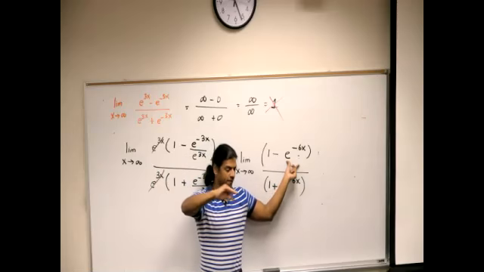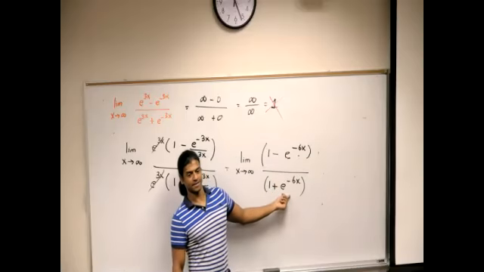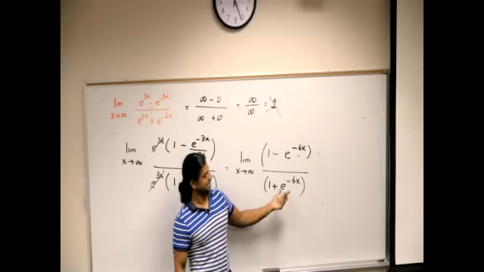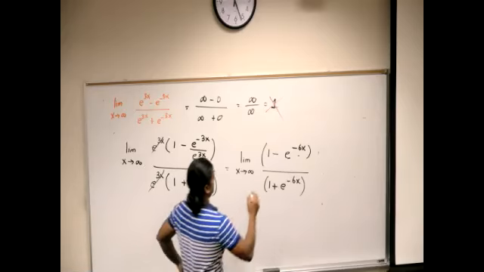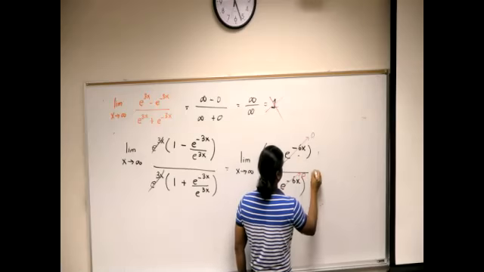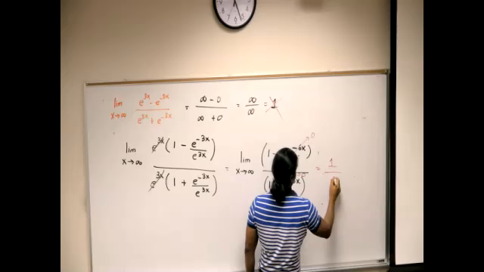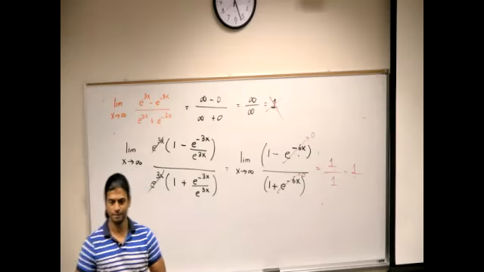It's going to get smaller and smaller and smaller because it's decay. What about that? The same. So when we take the limit, that would go to 0. That would go to 0. So the answer is 1.